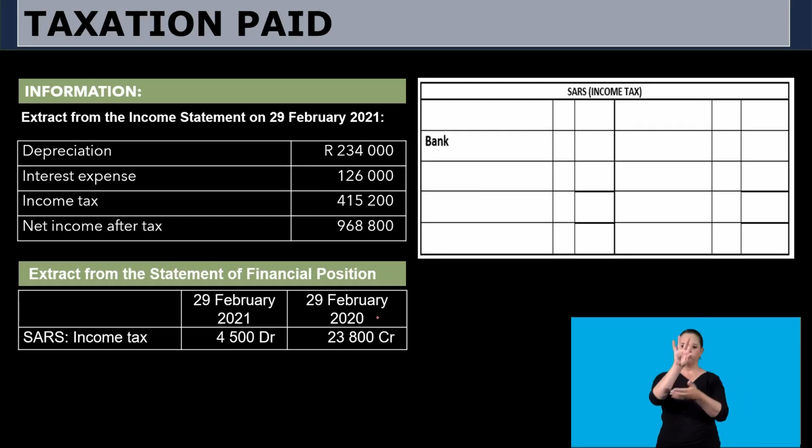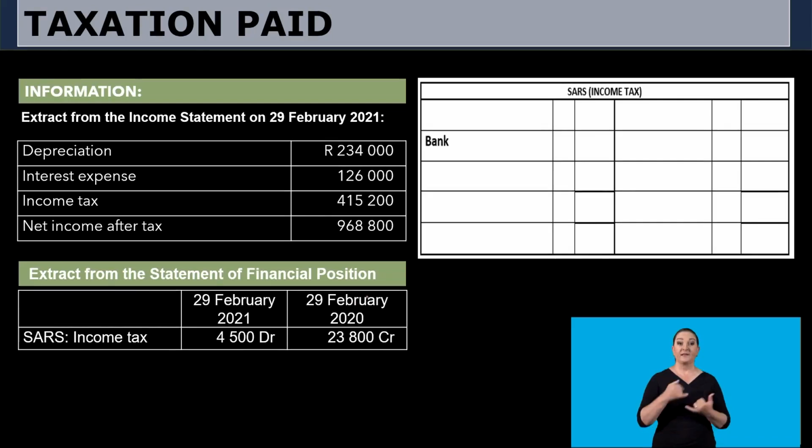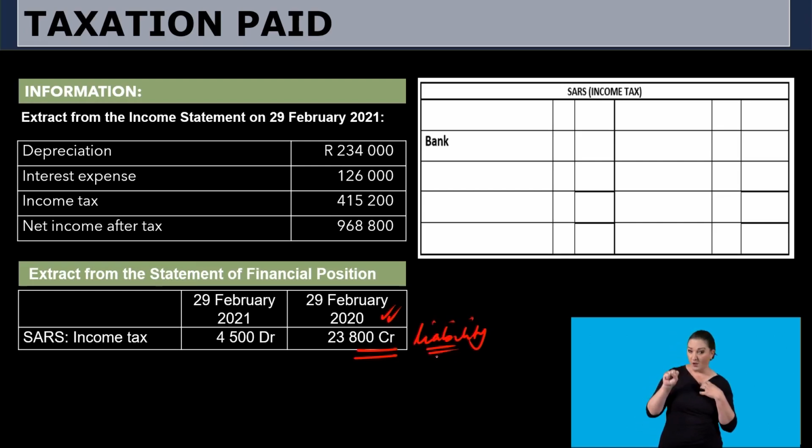Remember there are several methods of doing this, I'm just going to show you one method and then I'll move on to the next aspect. You will now say, in 2020, what was your balance? The balance here was credit. That means this was a liability. We were owing SARS for income tax in 2020.